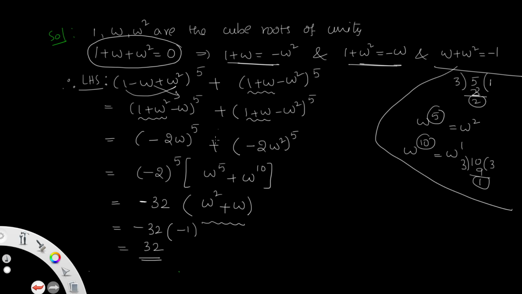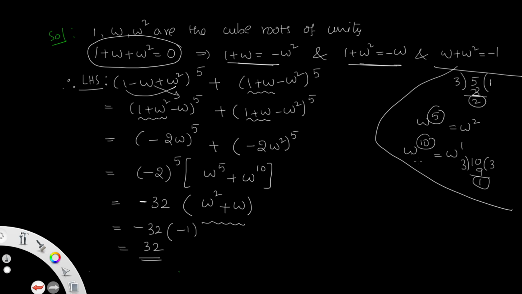So that is (−ω − ω)^5, and this is also (−ω² − ω²)^5, that is (−2ω²)^5. (−2)^5 is common. ω^5 plus ω^10: if the power of ω is greater than 3, then divide the power by 3 and take the remainder as the power of ω. That's why 5 divided by 3 leaves remainder 2, so ω^5 is nothing but ω².